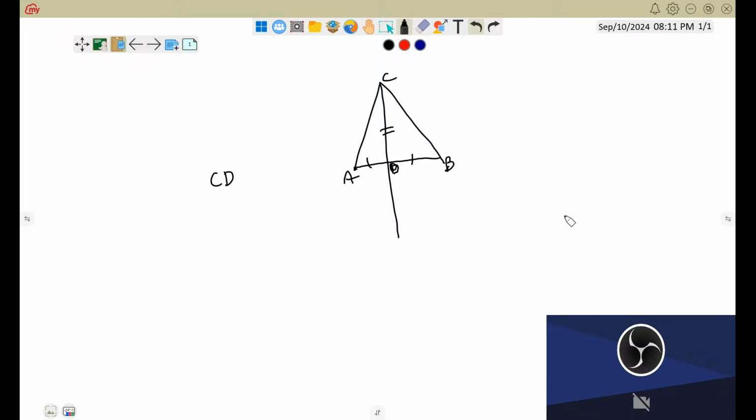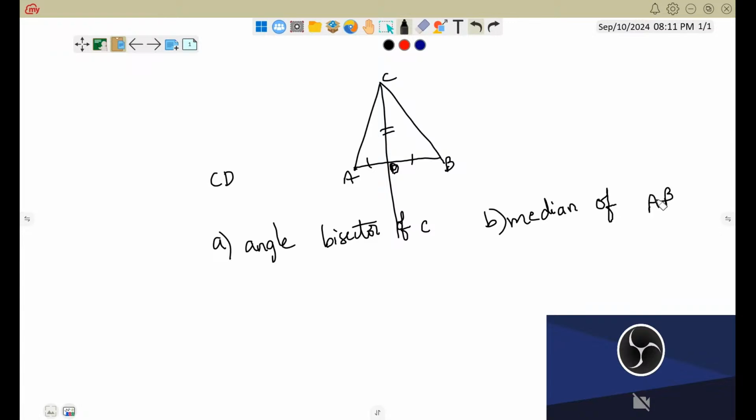What is CD here? CD is a line segment, right? Is it an angle bisector of C? Or is it a median of side AB? Or is it a perpendicular bisector of segment AB?